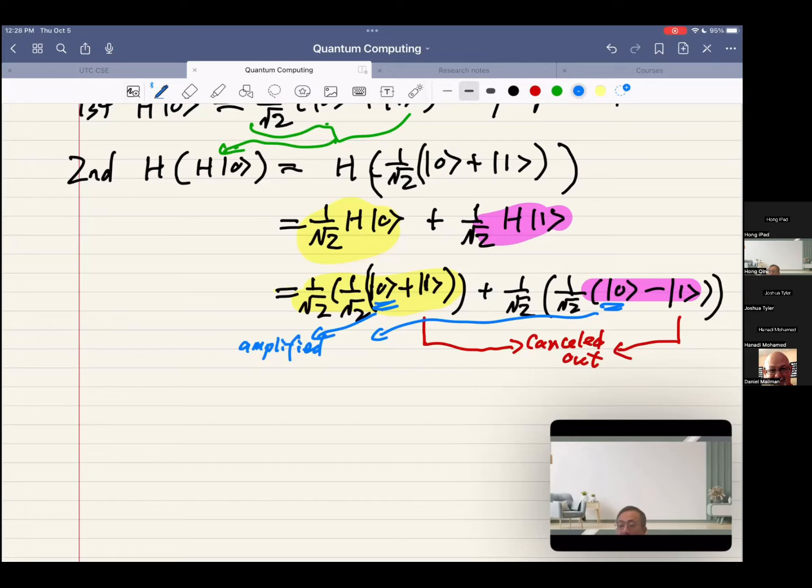So the cat 1 will be canceled out, but cat 0 will be amplified, and then what we have now is basically twice.